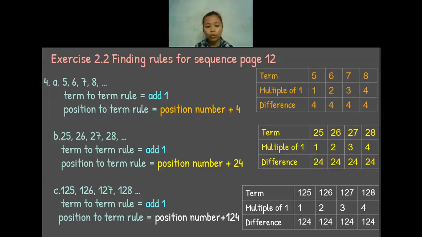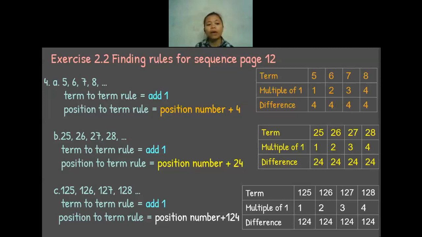Why did I show it to you? Because it will be easier for us to find the position-to-term rule by finding the term-to-term rule first and then writing the sequence in a table. So later it will be easier for us to write the position-to-term rule.